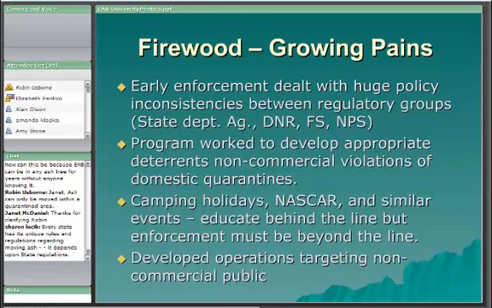The non-commercial pathway, which is just general public movement, is not something that we've ever really had to deal with like we have with this pest, and we had to work to find some appropriate deterrents for the people that were moving firewood in non-commercial situations. It's also a whole new group of people to educate that perhaps haven't been APHIS stakeholders so much in the past.